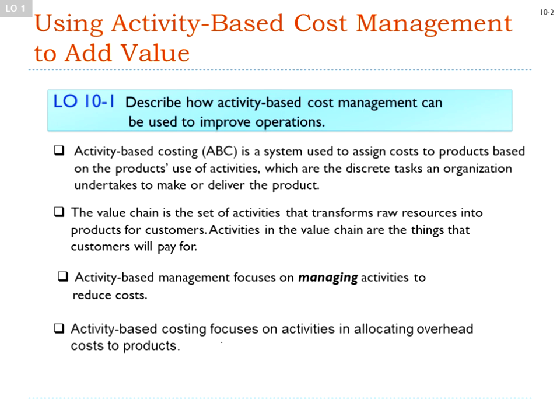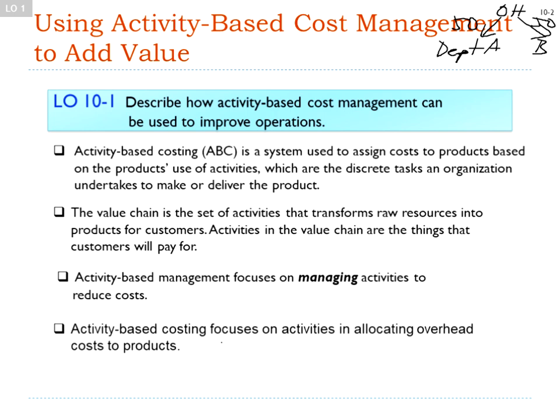So, for example, let's say a company has two departments, Department A and Department B, and they have overhead costs. And they can allocate costs to each department 50-50, right?